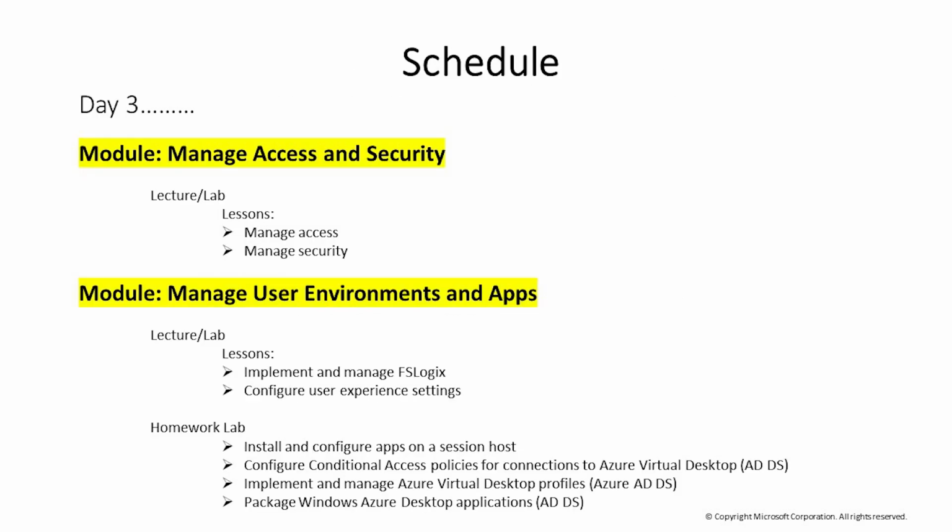Now we are moving to day 3, and thank you for being with us. So what is the plan for today? The very first thing we are going to talk about is access and security. This access and security is all about administration, management, delegation.